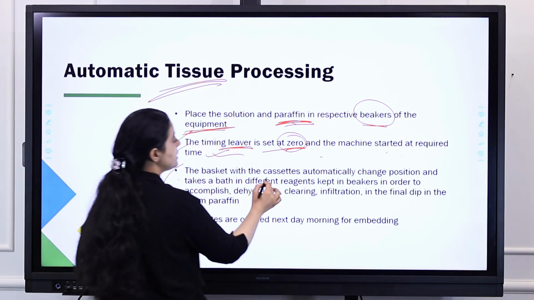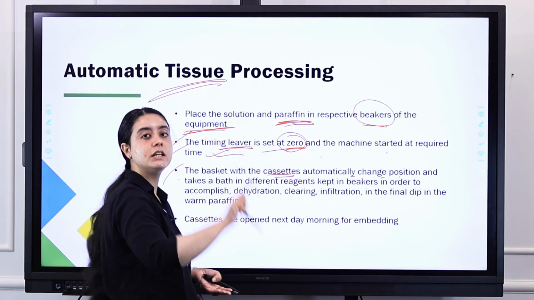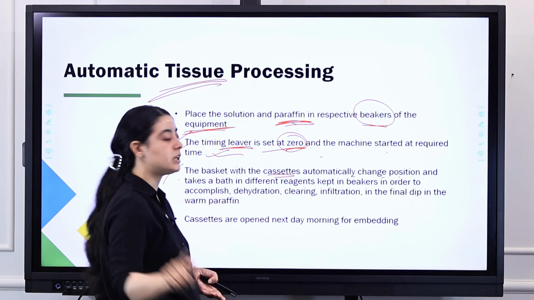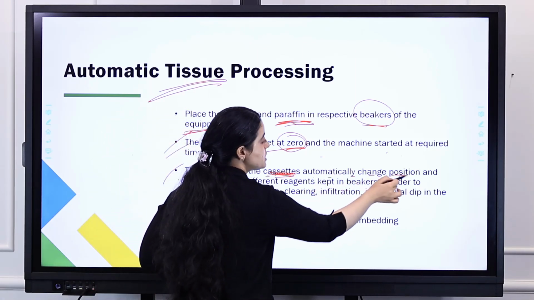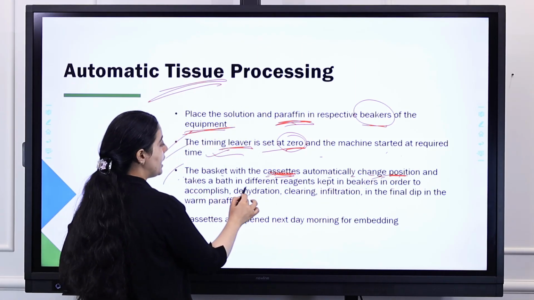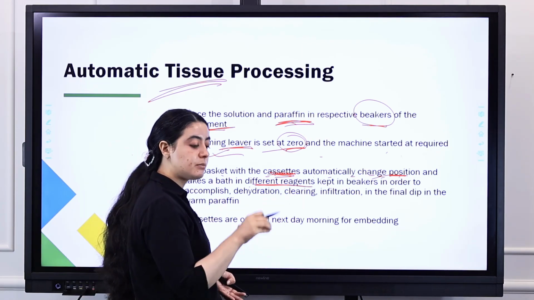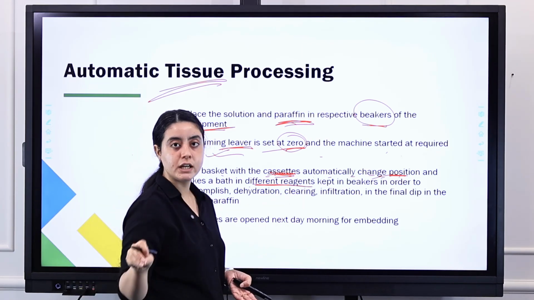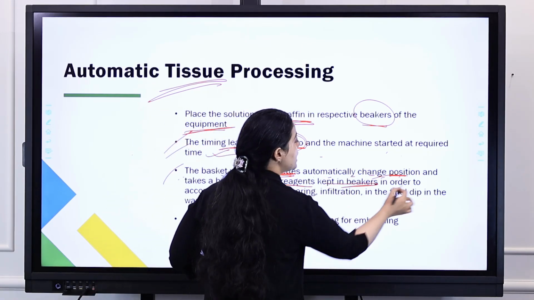The basket with the cassettes automatically changes position from one beaker to another, and takes a bath in different reagents by its own, which are kept in the beakers in order.